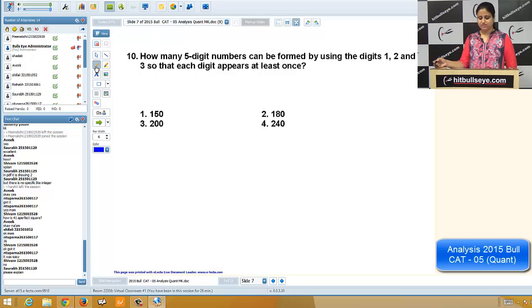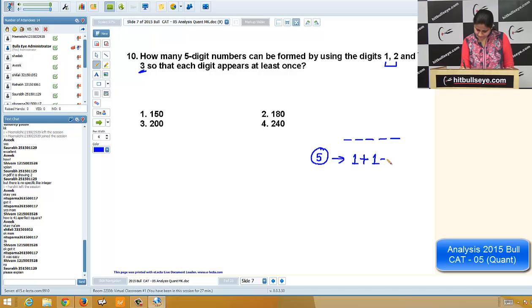How many 5-digit numbers can be formed using the digits 1, 2, 3? See, there are 5 places and we need 1, 2, 3 at every place. But there is a condition that each digit appears at least once. So I'm segregating the 5 places.